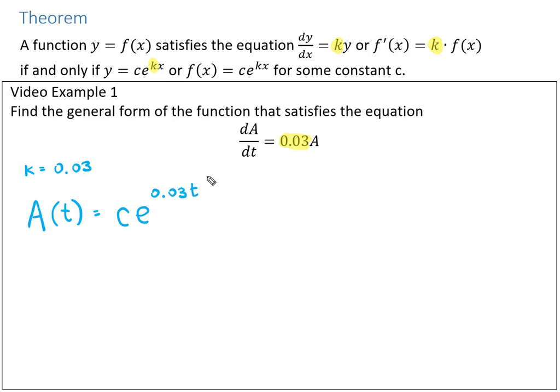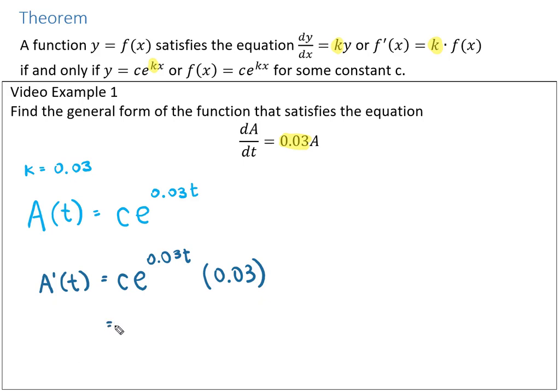But let's just check our work. What happens when I find the derivative of this function? When I find the derivative of A of t, I'm going to have the constant multiplier. I'm going to have e to the 0.03t, and then I'm going to chain rule it, and I'm going to multiply it by the derivative of that power.